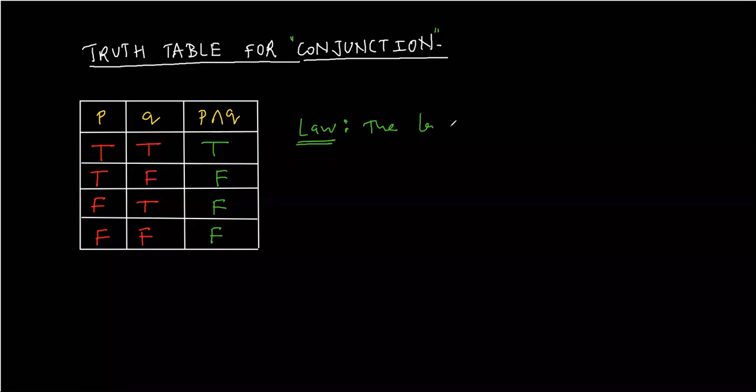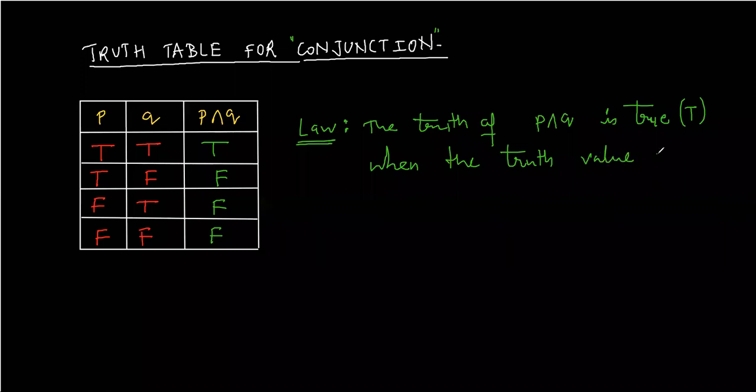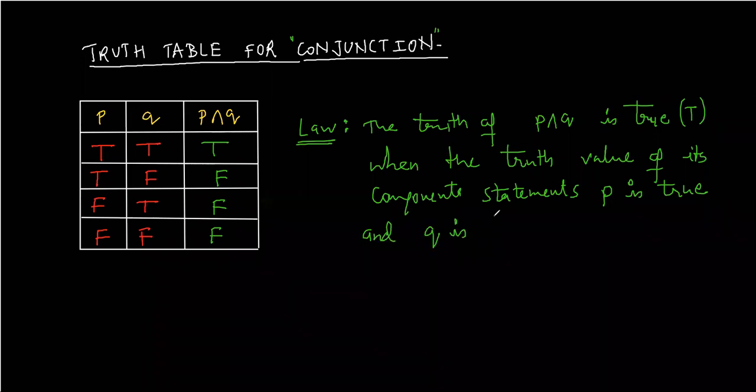The truth value of P and Q is true when the truth value of its component statements, P is true and Q is true.